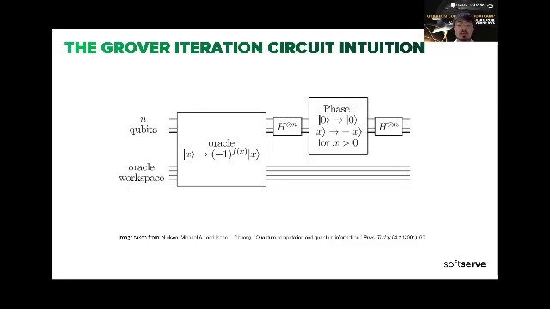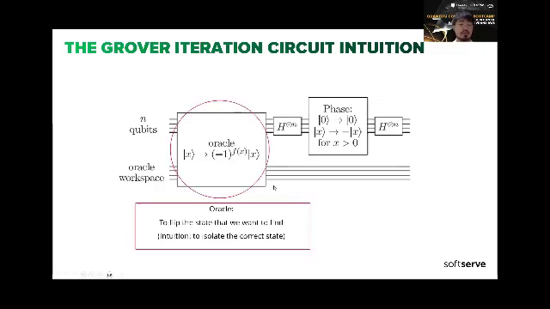The intuition behind what the oracle does is that we are going to flip the phase of the state that we want to find. The intuition of why we want to do this is so that we can isolate the correct state. Now everything else is in plus, and only the one that we want to find has a phase of minus.